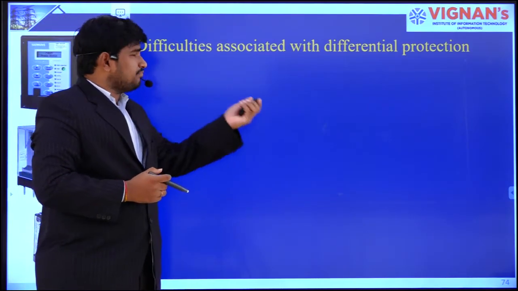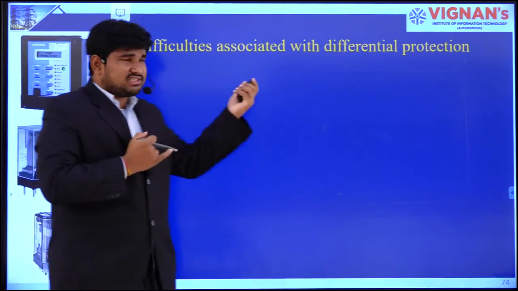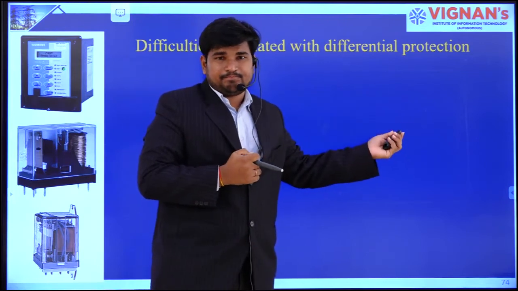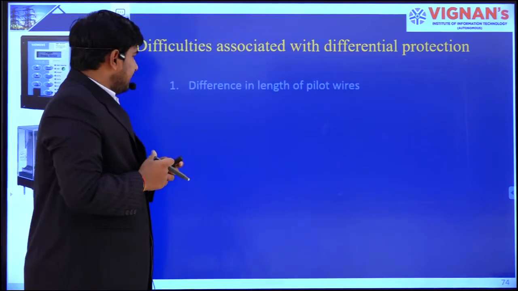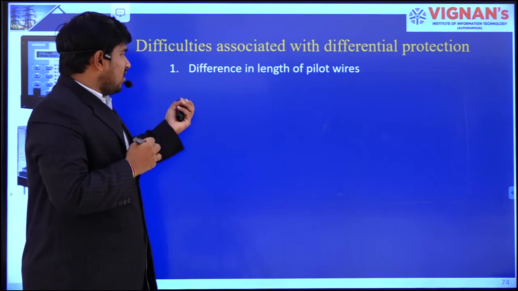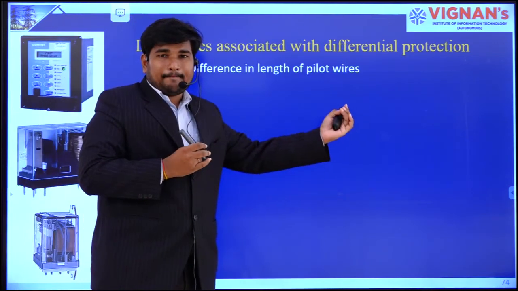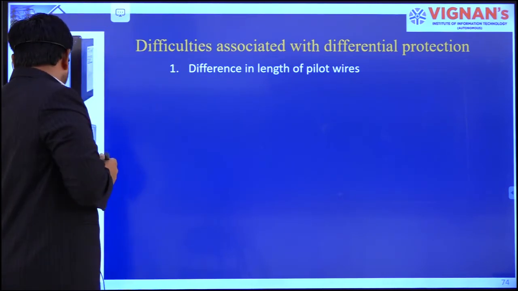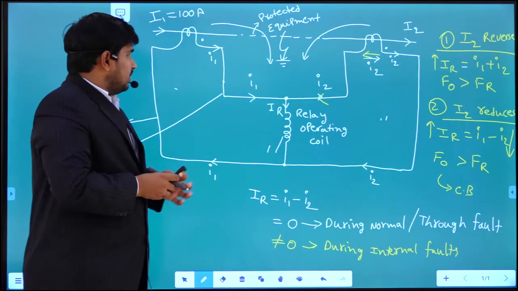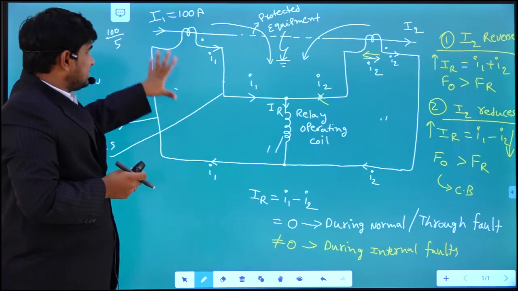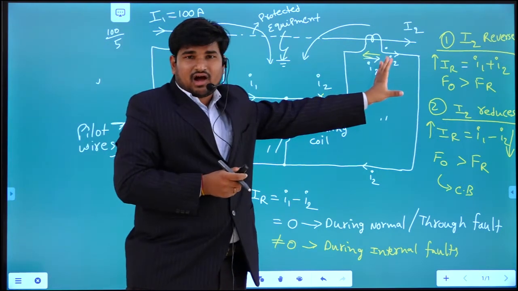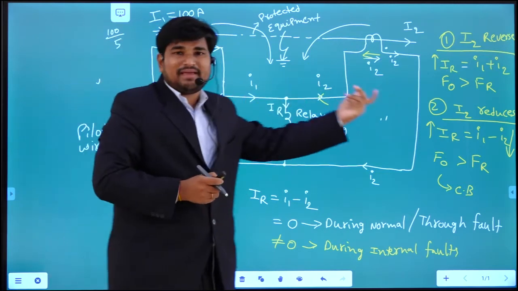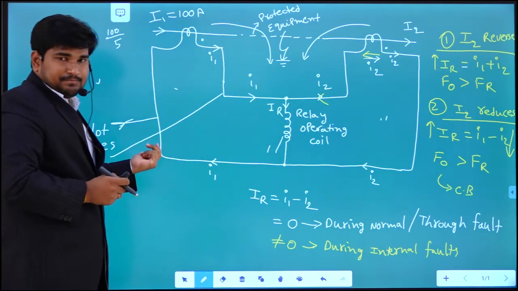Now let us take what are the difficulties associated with differential protection. The first one is the difficulty because of the difference in pilot wire lengths. If you observe this diagram, the CTs are placed at different locations, and they are connected using pilot wires.